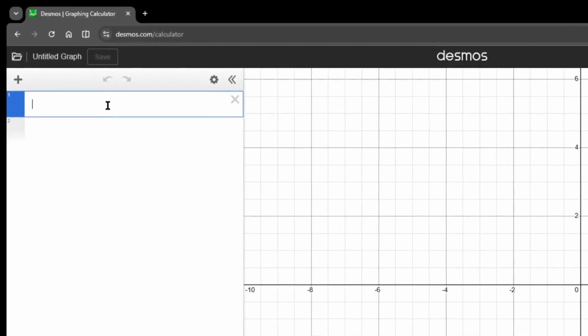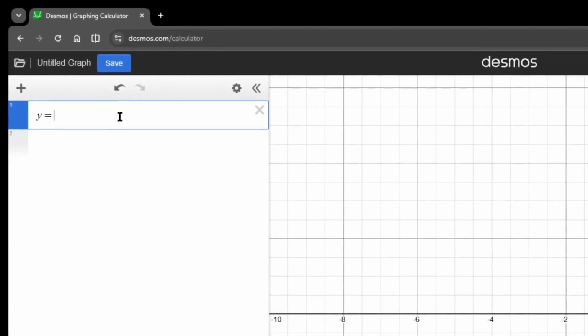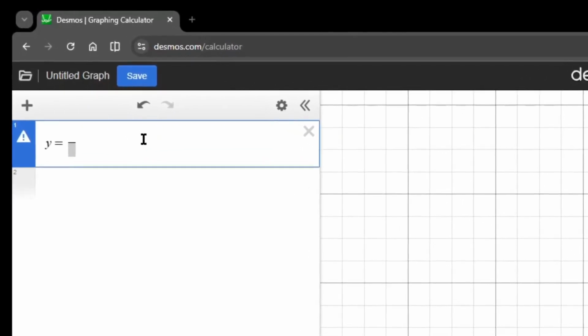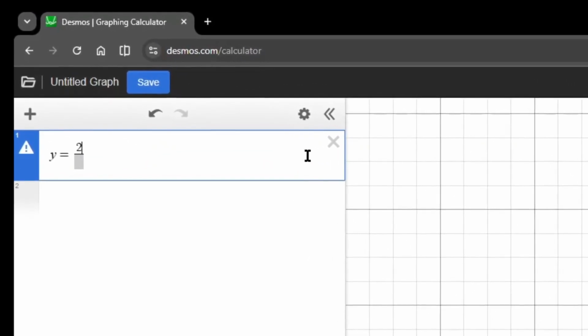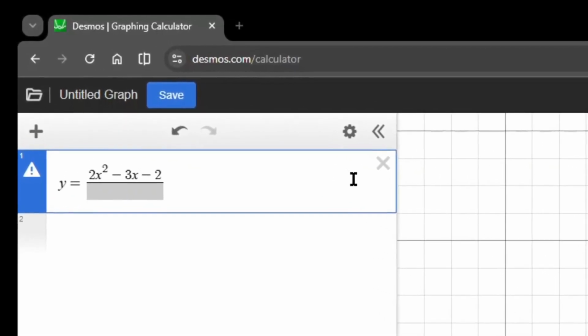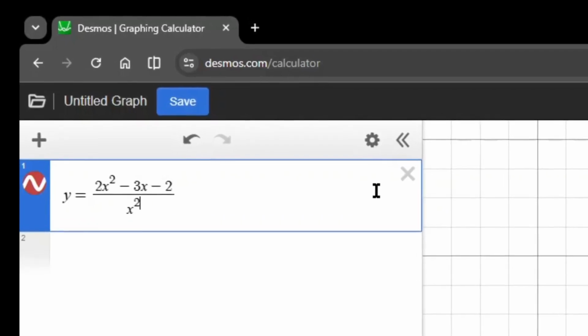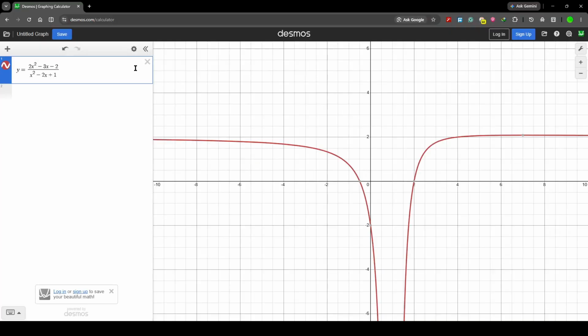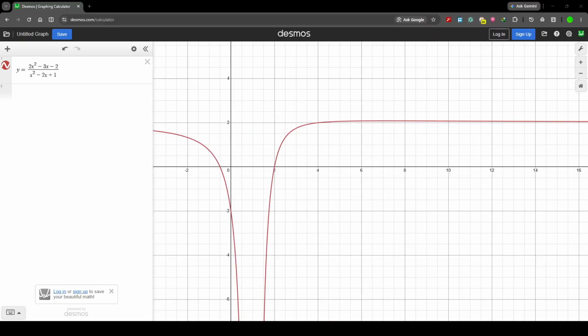If I sketch the graph right now, y equals 2x squared minus 3x minus 2 over x squared minus 2x plus 1. Yeah, actually, wow.